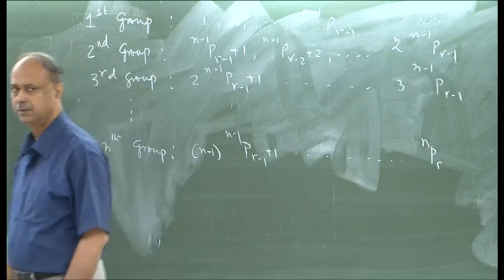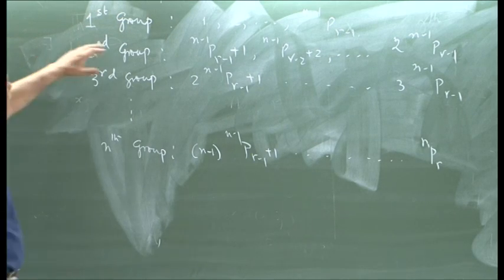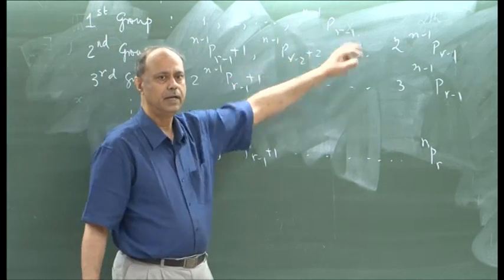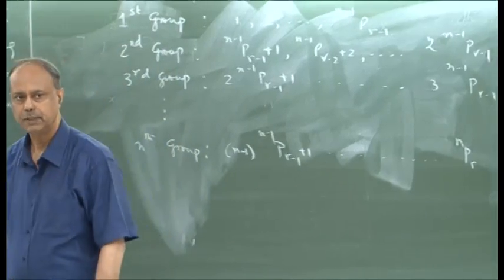So what I did is divide these nPr rows into n groups, and the first group contains rows 1, 2, 3, up to n-1 P r-1.